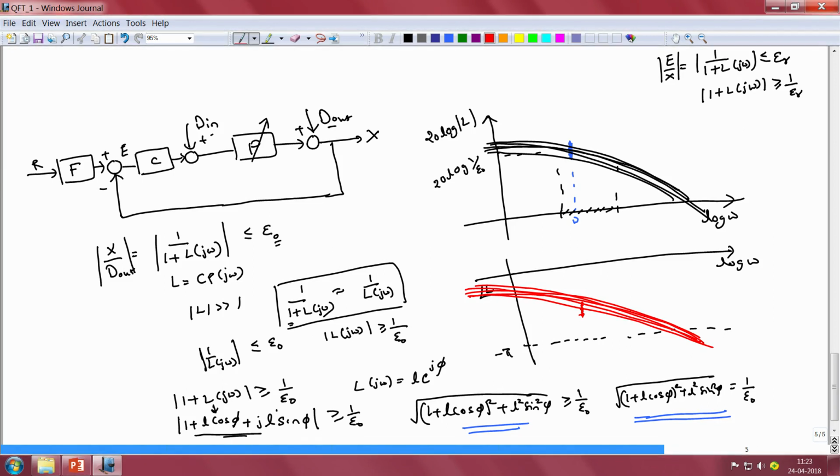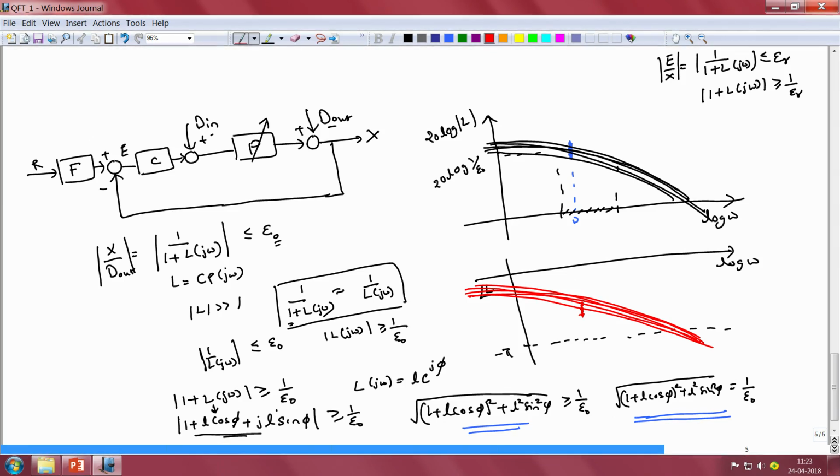Now, the question is, how do we perform design when we are given a bundle of loop gains in order to meet both the performance specification as well as the stability specification.